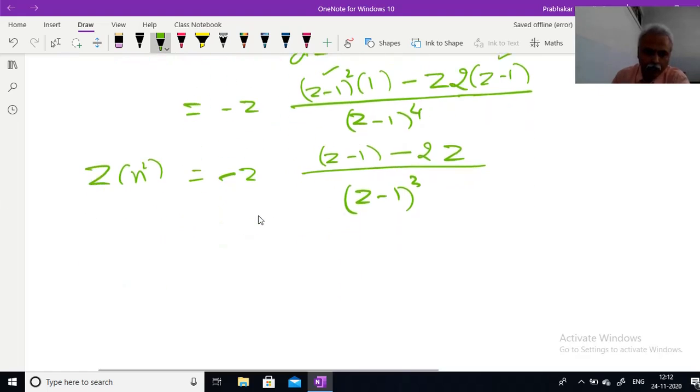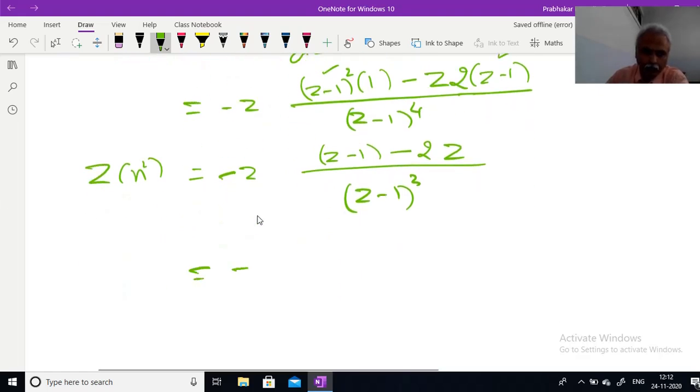Again, with a little simplification, we get minus z into (z minus 1) whole cube, z minus 2z, it is minus z, minus 1. So shall we write the final answer?